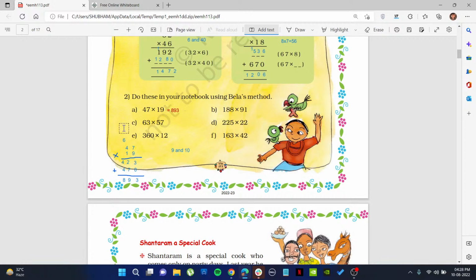Similarly, let's solve for question B. Question B says 188 times 91.